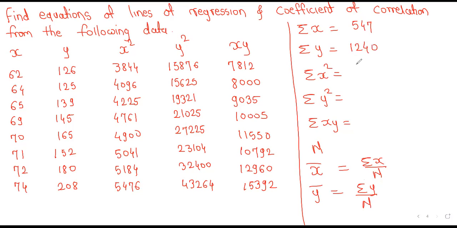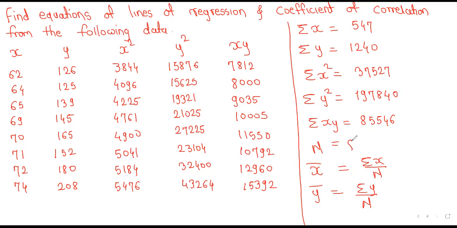Summation of x square is 37527. Summation of y square is 197840. And summation of xy is 85546. And capital N is how many values of x are given?